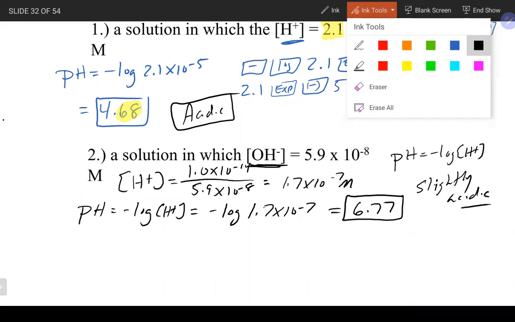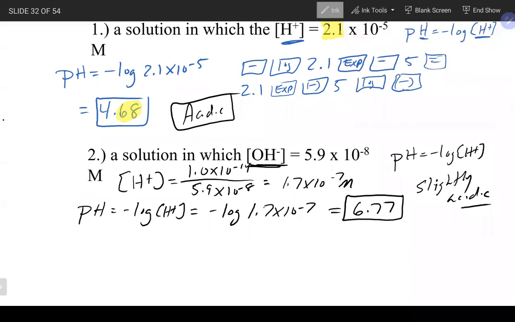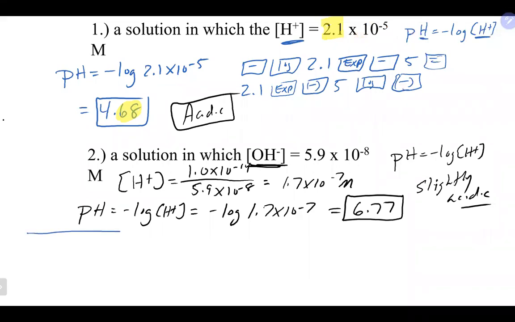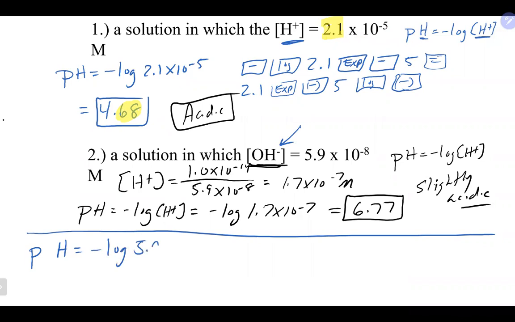Now, if you maybe weren't paying attention and you thought you could perhaps go right in with this number here, and you calculated the pH by taking minus the log of 5.9 times 10 to the minus 8, and you got 7.23.